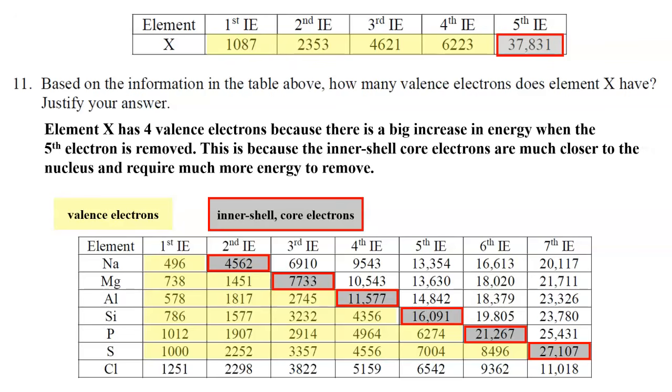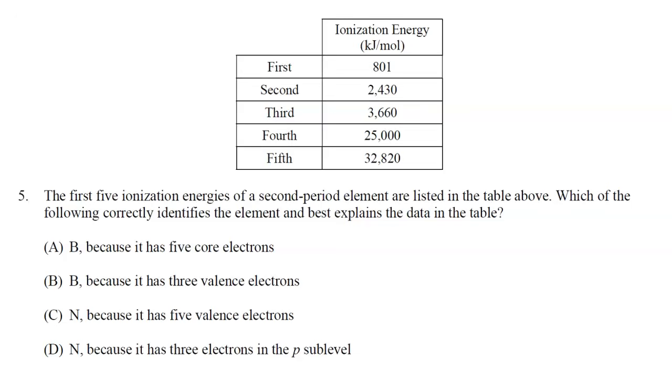Now let's go back and take a look at the data in the table for question 5. So first ionization energy, 801. Second ionization energy, 2,430. So that's a higher value, but not a significant increase.